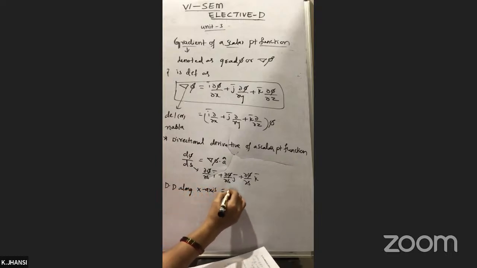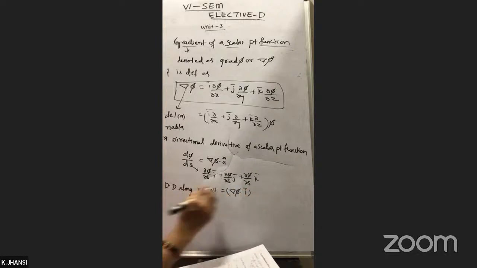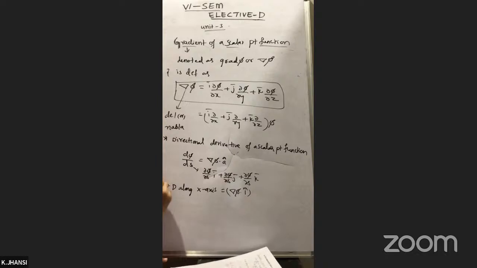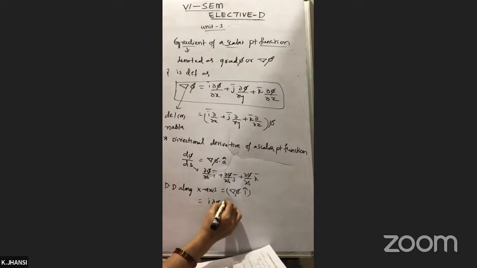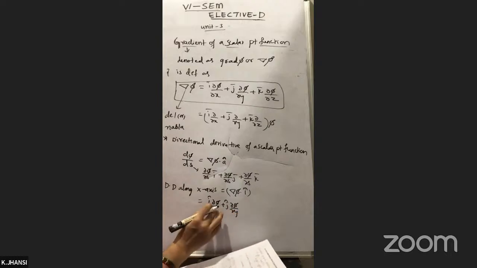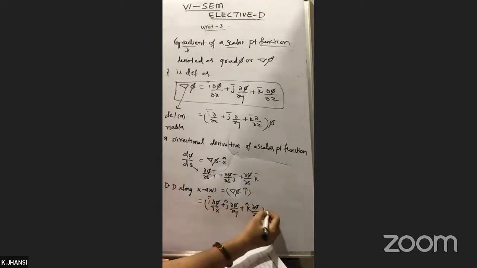So I'm writing DD as the shortcut, that is the directional derivative along the x-axis, is equal to del phi dot unit vector i. So it is defined as i into dou phi by dou x plus j into dou phi by dou y plus k into dou phi by dou z, dotted with i cap.